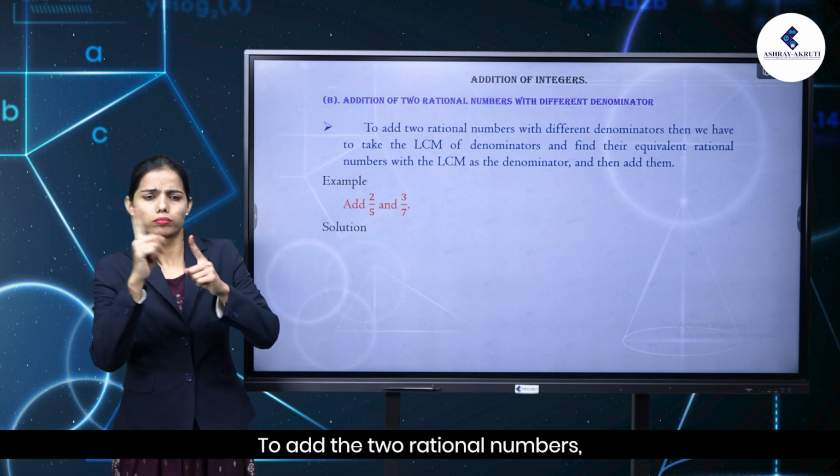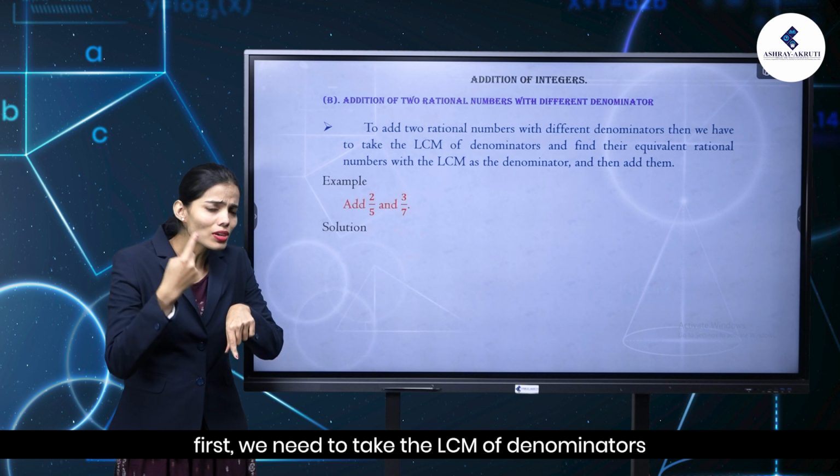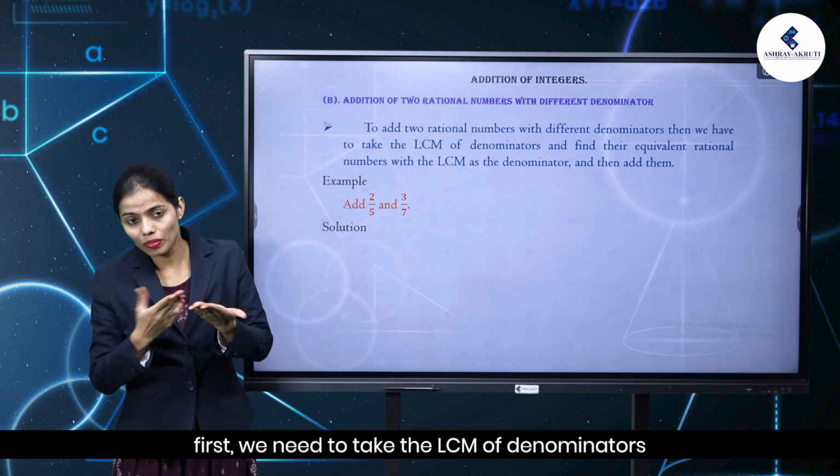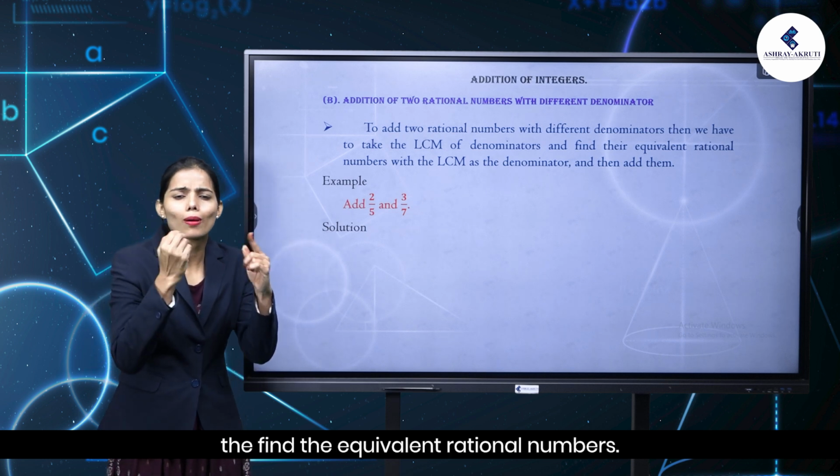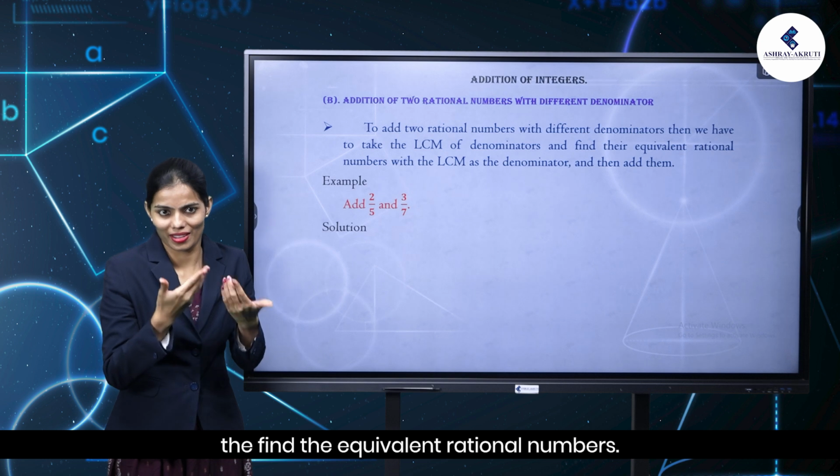Solution, to add the two rational numbers, first we need to take the LCM of the denominators, then find the equivalent rational numbers.